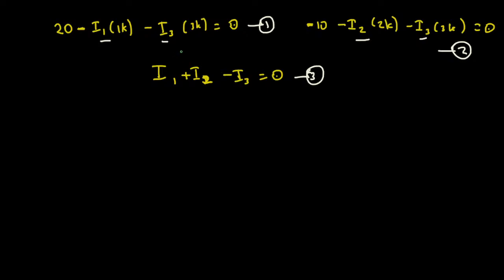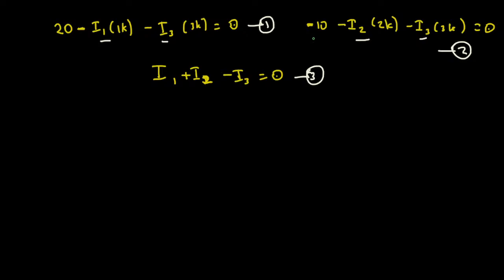So the first thing we can do is try to eliminate one of the terms. We can add them together, or even subtract them, and I3 will be cancelled. But even if you do that, we have again two unknown variables.